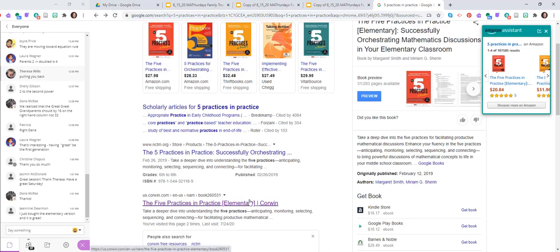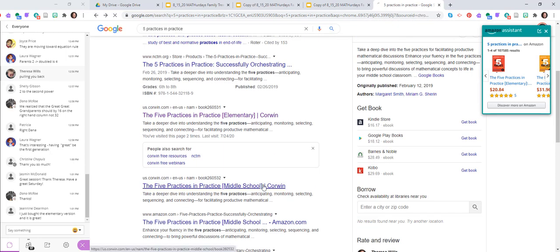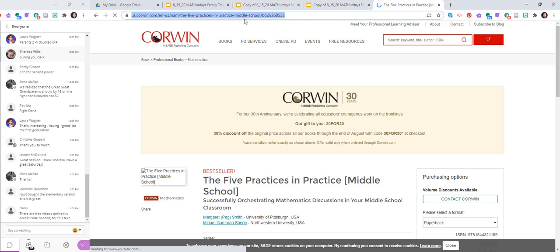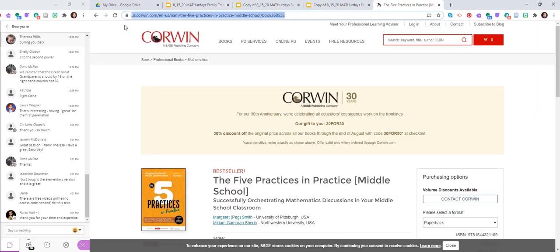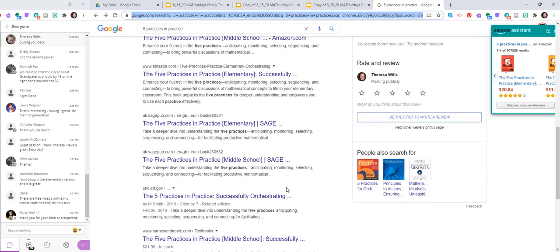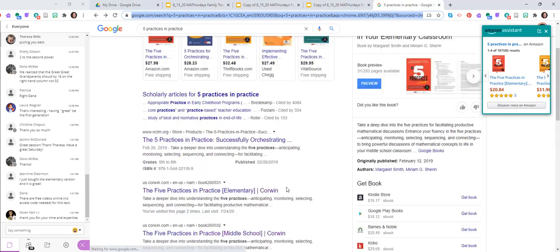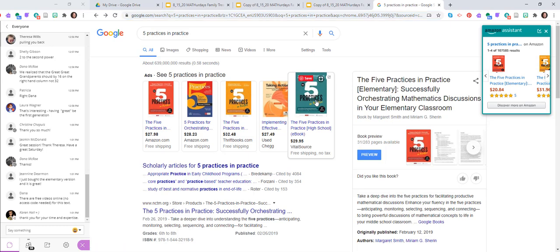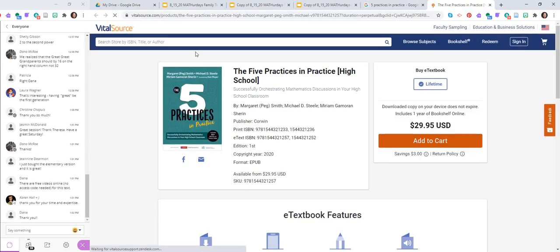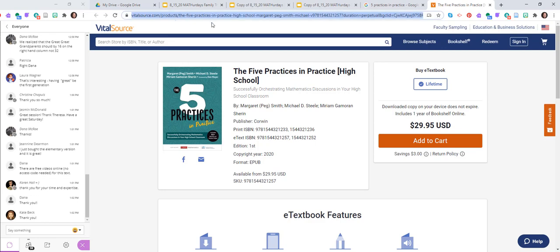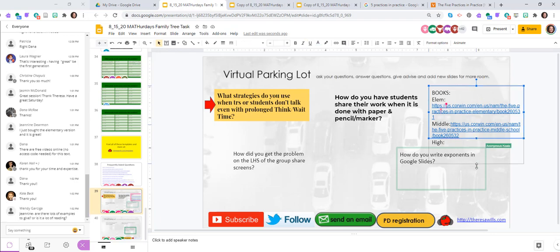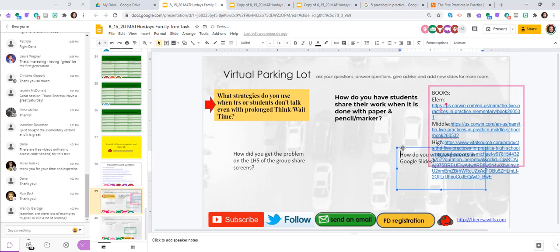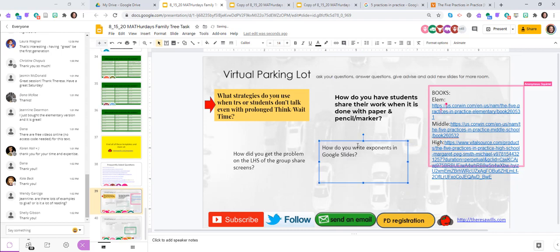Here's the middle school. And I'm getting the high school right now. There it is. So if you're looking for what those look like, I'm happy to cite those. I got it out of the high school book.